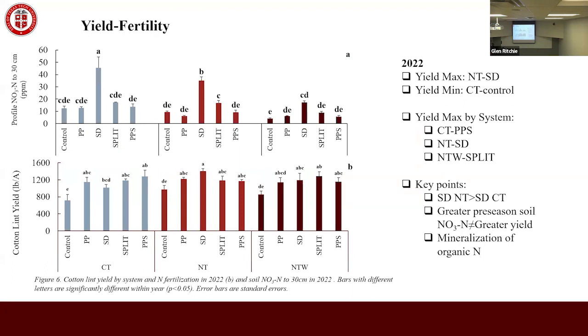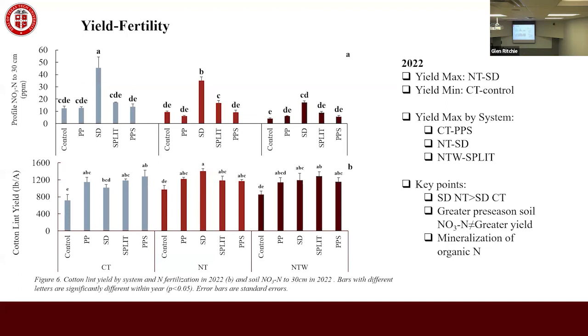Looking specifically at our yield from a fertility standpoint, at our fertility treatments, I added the soil nitrogen data up here at the top just to give a reference to our cotton yield to see if it follows the same trend. And interestingly, it doesn't follow the same trend. Specifically, in the conventionally tilled system, our treatment that had the highest amount of nitrate at the beginning of the year was actually one of our lowest yielders.